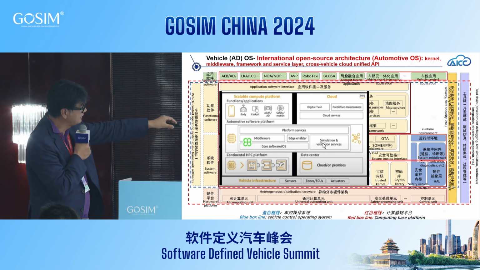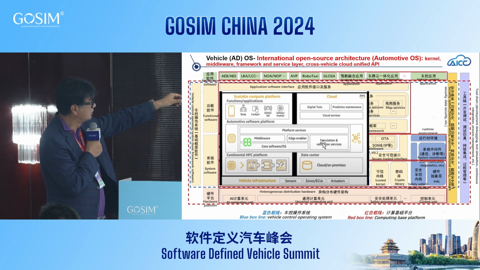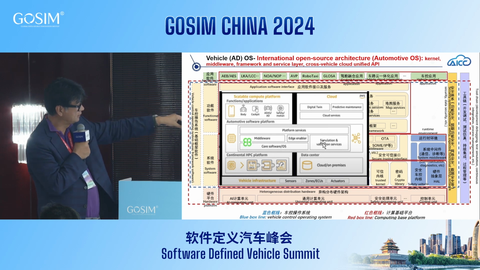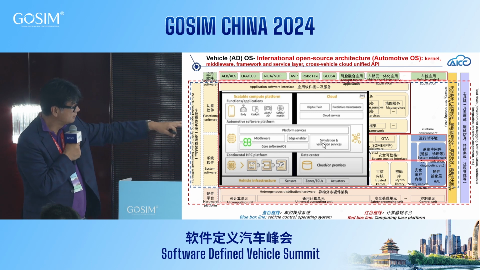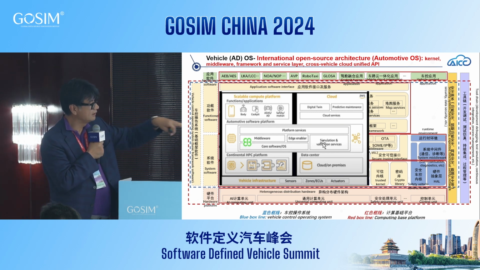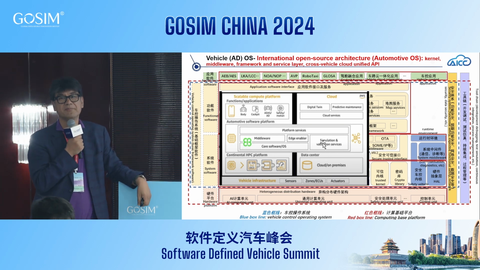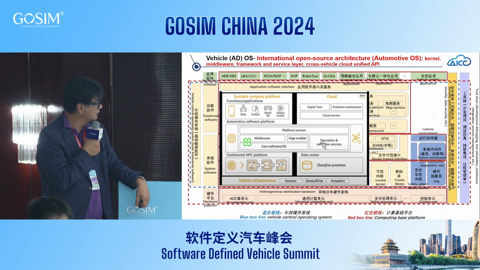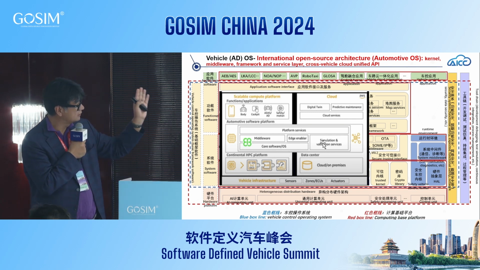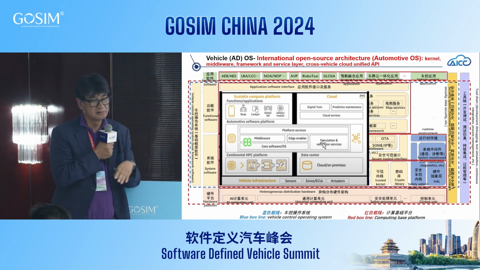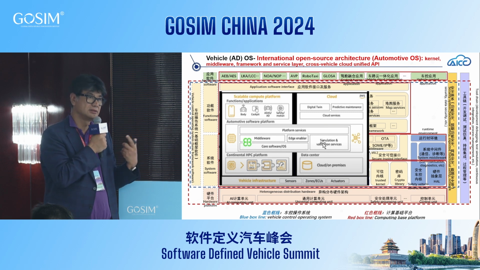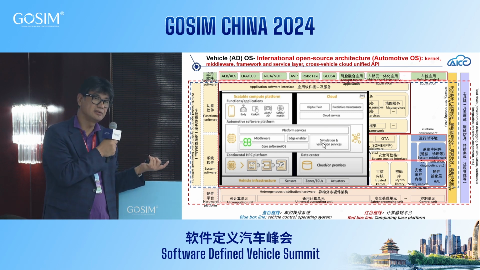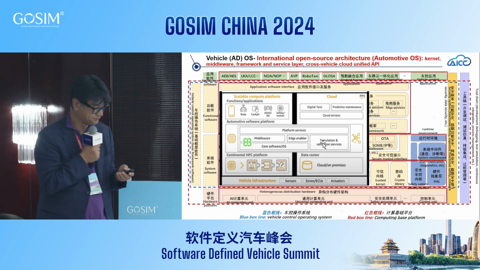About HPC, it's like the operating system layer or the software layer. You see they have the common kernel and the middleware, like the communication. But the key thing is they have the common platform service layer. Another key thing is inside the in-vehicle and the cloud, the common service and common API provide the same API for the app running in-vehicle and running on the cloud side.